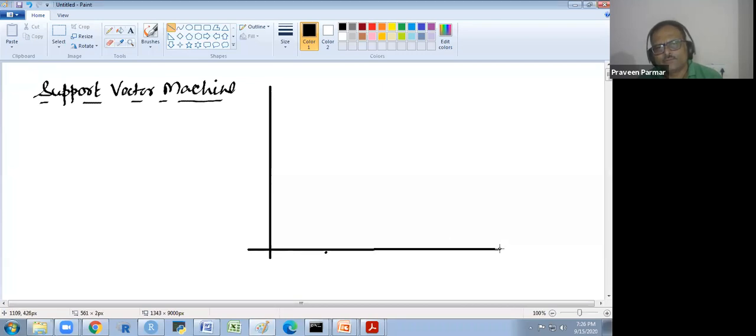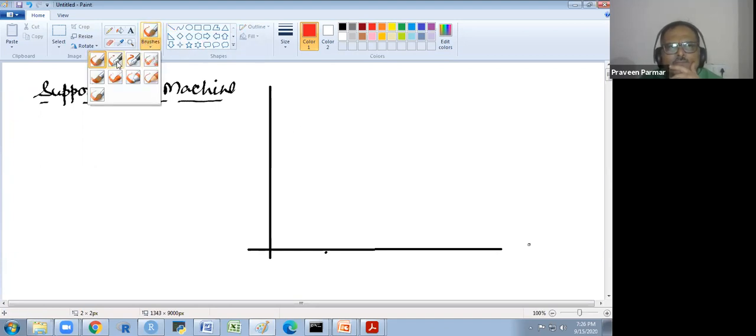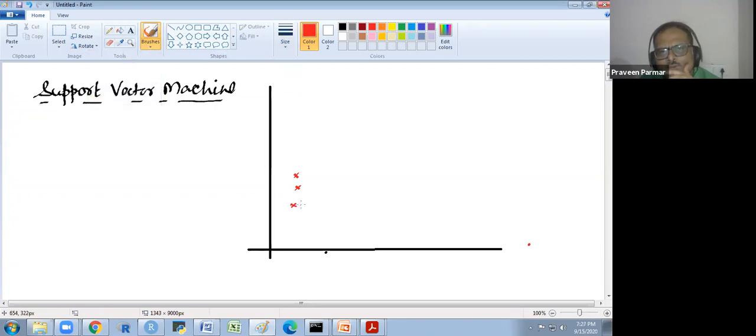These are our axes. Suppose we have a few data points like these, and I have these data points also.